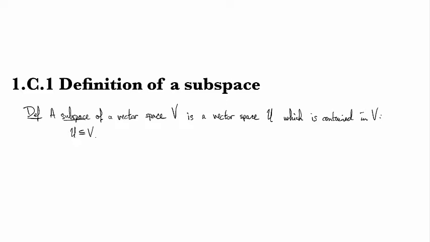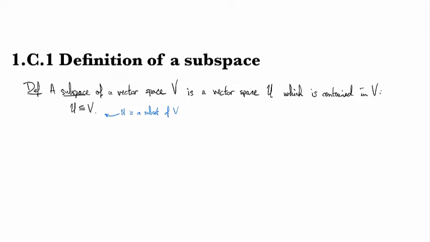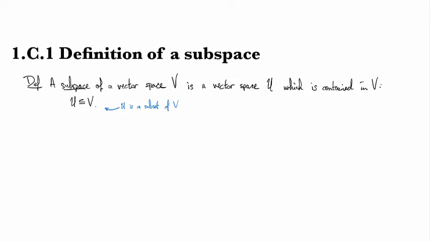So this means that U is a subset of V. So in other words, a subspace of V is a subset that happens to be closed with respect to the axioms of addition and scalar multiplication, and which contains the origin.